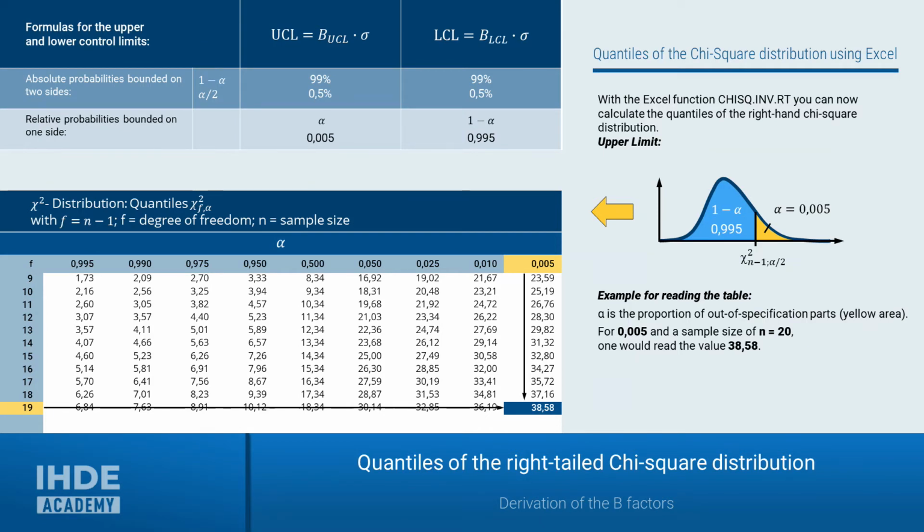This is calculated from the sample size minus 1. So here 20 minus 1. The corresponding quantile can now be found at the intersection of the degree of freedom 19 and alpha 0.005. Here the value is 38.58.